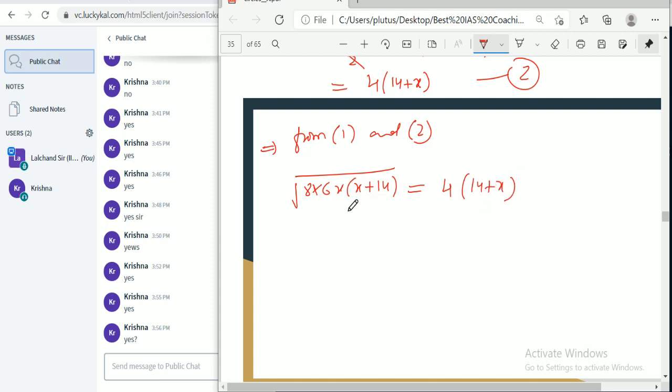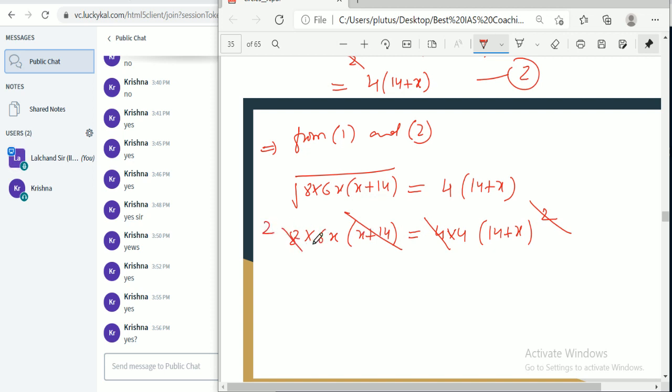Squaring both sides, we have 8 into 6 into x plus 14. Here we have 4 square, that is 4 into 4, and 14 plus x whole square. So this factor gets cancelled. Okay, and if we cut with 4, here we have 12.